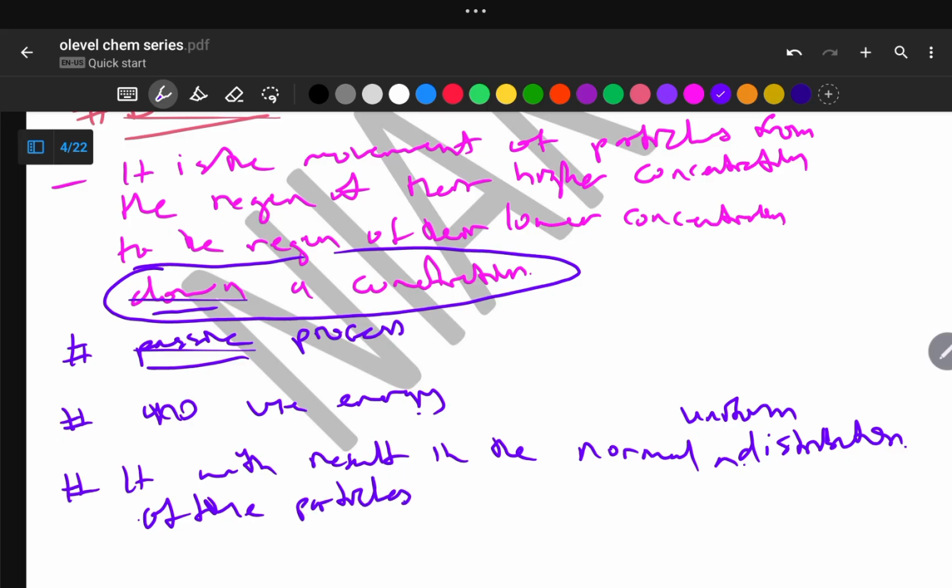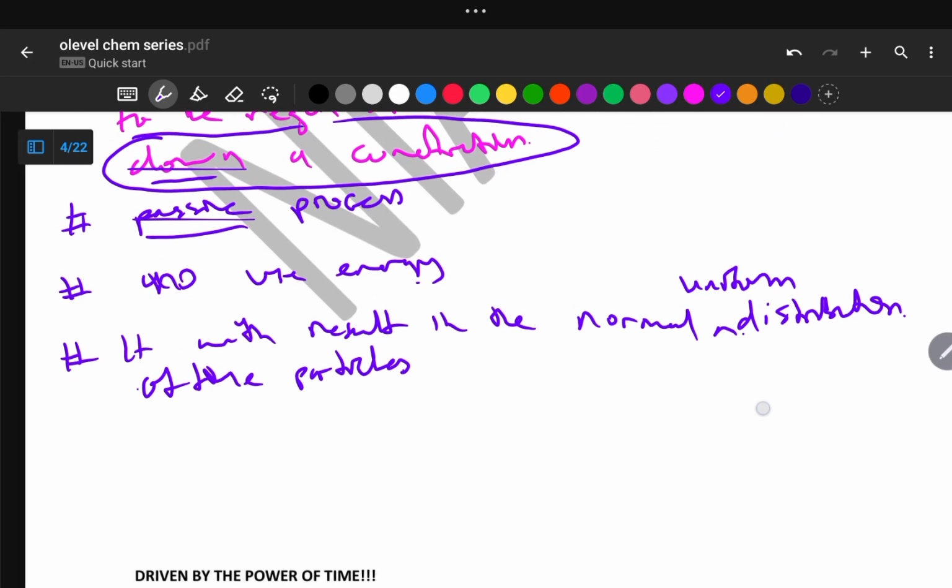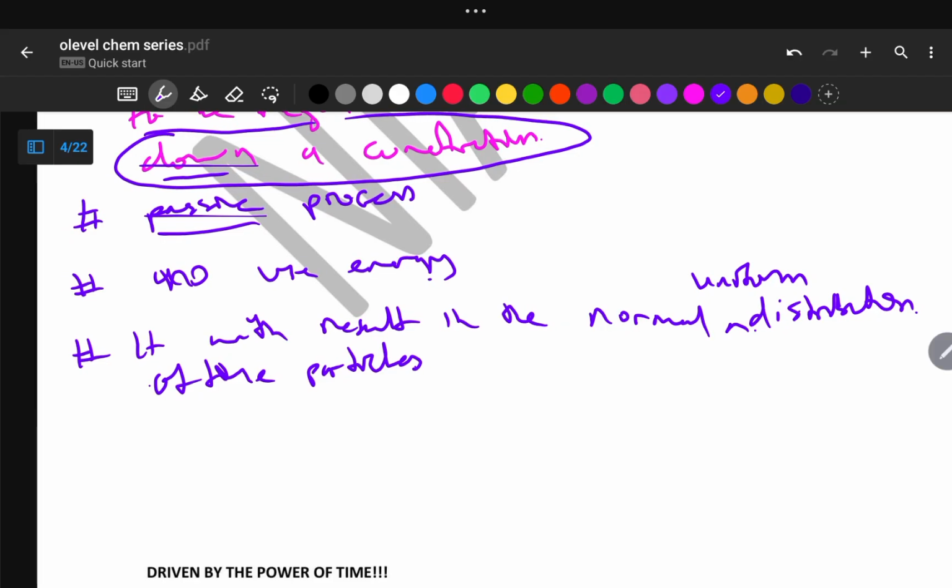We have factors which affect the rate of diffusion. Diffusion is generally the movement of particles, but we also have the rate. When we talk of rate, we are talking of the time taken for the diffusion process.